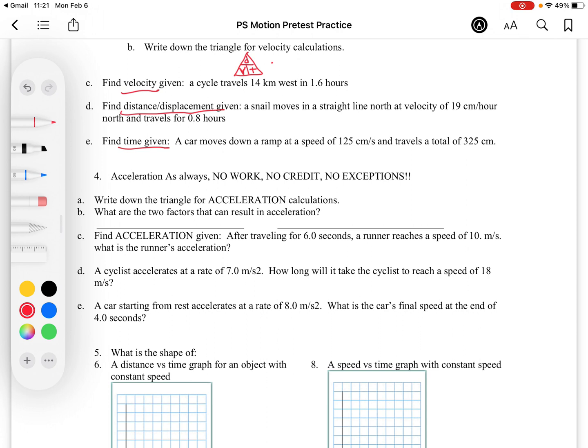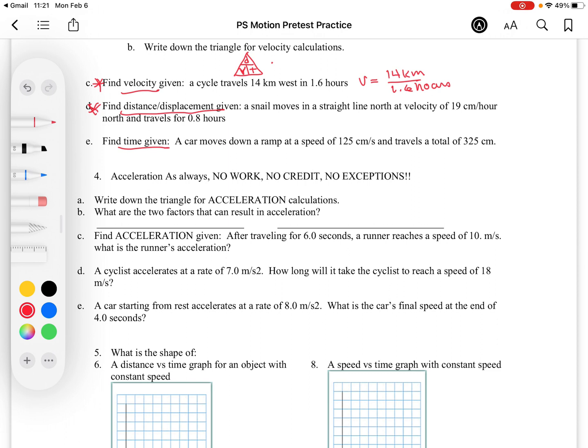And that's a velocity. Now we're asked to first find velocity, find distance or displacement, and find time. Mathematically, we do these the exact same way as we do speed. The only thing that's different is for the vector quantities, we must include a direction. So this is a vector, and this is a vector.